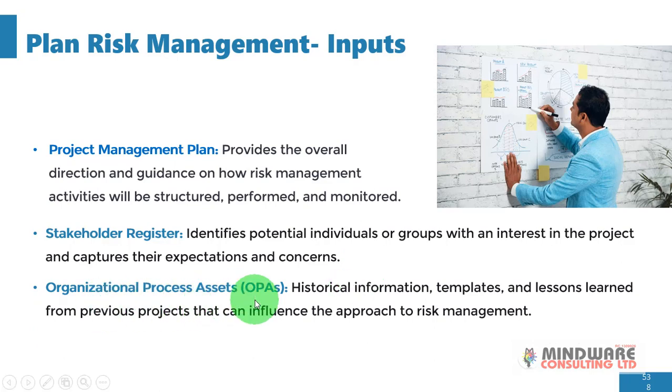Also, we have the organizational process assets, OPA, and this includes the historical information, templates and lessons learned from previous projects that can influence the approach to risk management. So this organizational process asset is very important in the sense that you have a whole lot of information based on the projects that have been handled in the past and what their approach towards risk management were at the time of execution of this project.